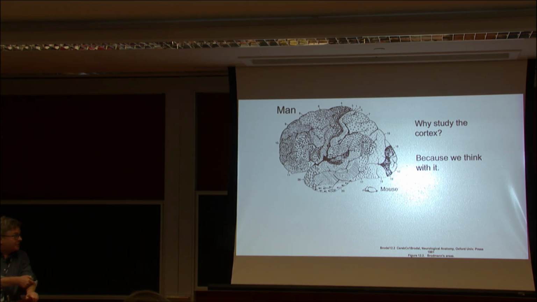In the mouse, which is a factor of 10 smaller, and because of the cursive 3D, and you'll see why I say that in a minute, it's 1,000 times smaller.